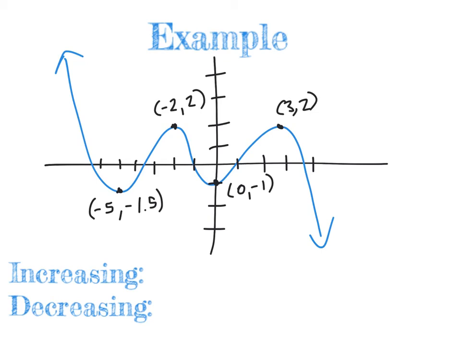Again, I'm going to start on the far left-hand side of the graph. Notice how the pencil is moving downward. So as I reach this bottom part, I got the wrong color. As I move downward, this section of the graph is decreasing. And then the graph changes direction at the minimum value and it starts going up.